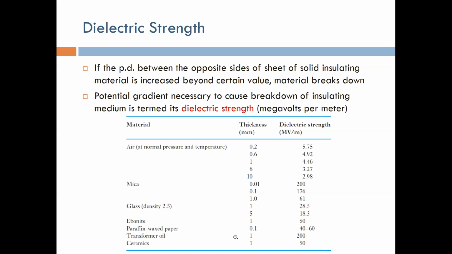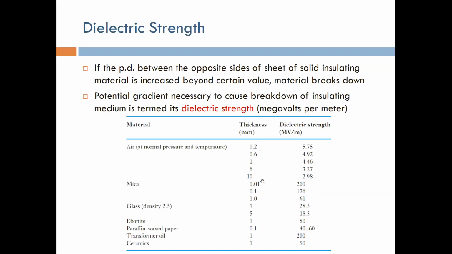If you use ceramics, for example, you have 50. If you have transformer oil, you can have like 200, and so on. So for different materials, you have a particular dielectric strength that you have to stay clear of in order to prevent any breakdown of the dielectric.